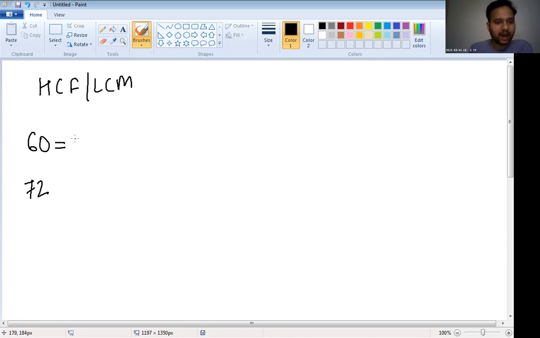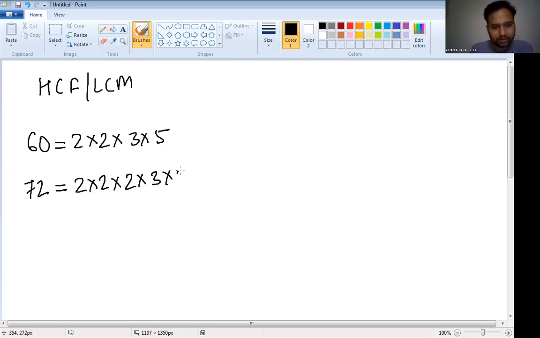So 60 can be written as 2 into 2 into 3 into 5, and 72 can be written as 2 into 2 into 2 into 3 into 3, right?